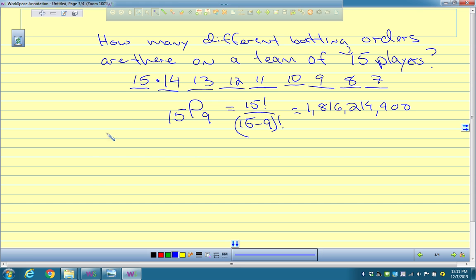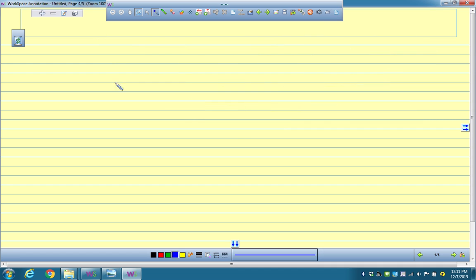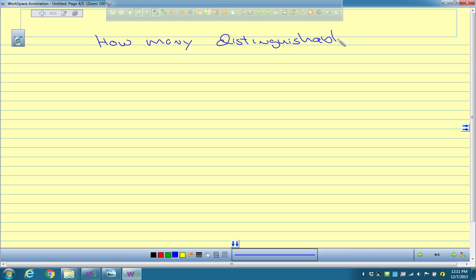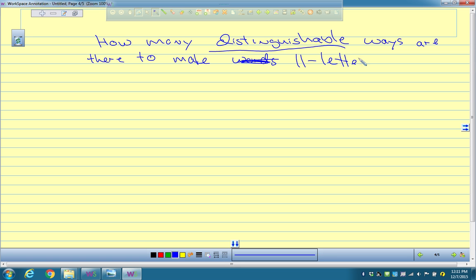What about how many ways? I'm going to do another one. And this is how many distinguishable ways, and this is important, distinguishable ways are there to make 11 letter words out of the letters in Mississippi.